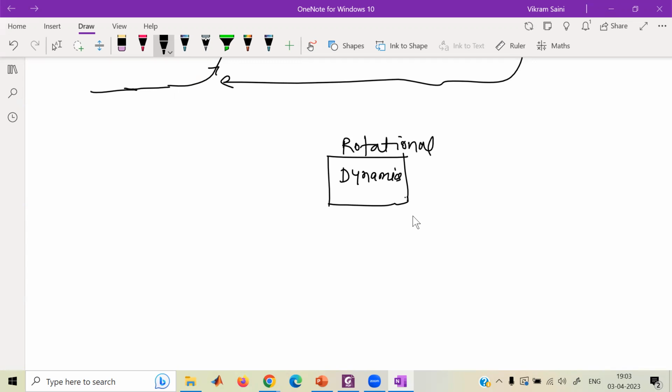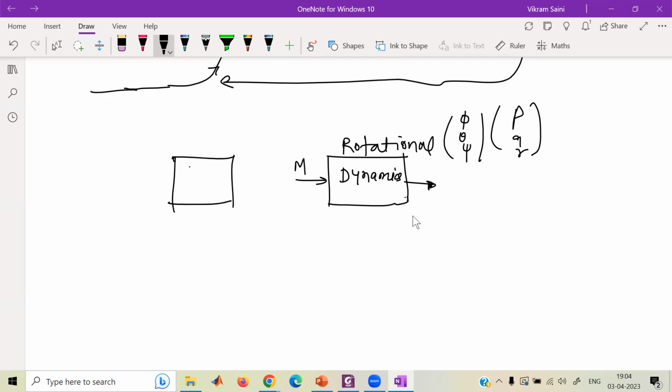You supply moments, and as output you get changes in the Euler angles, phi, theta, psi, and the angular velocities P, Q, R. These quantities change, so you take the output of these quantities.